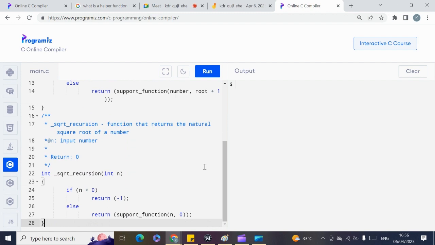So again, by extension, it's returning the support function, which in this case, the n is actually the root when you go to the support function. So n is your root, and then the zero kind of is, no, n is the values that will be passed.